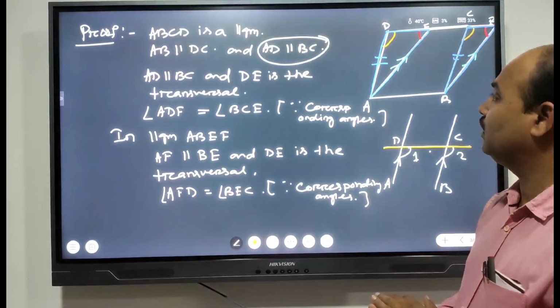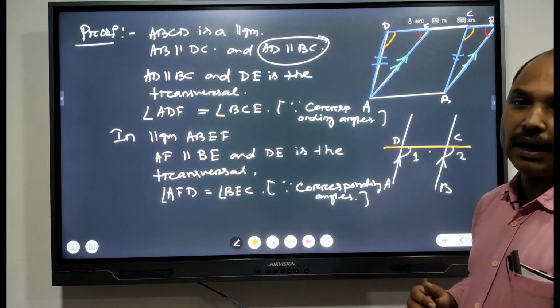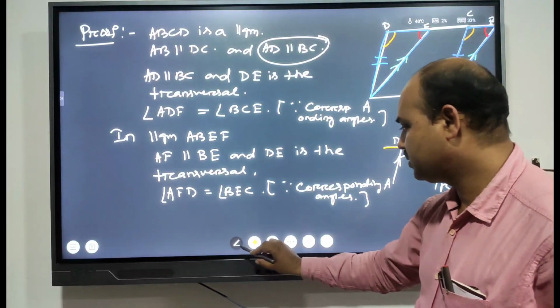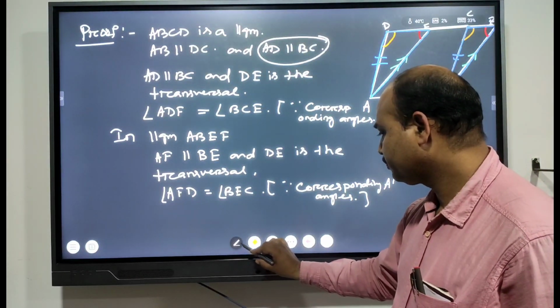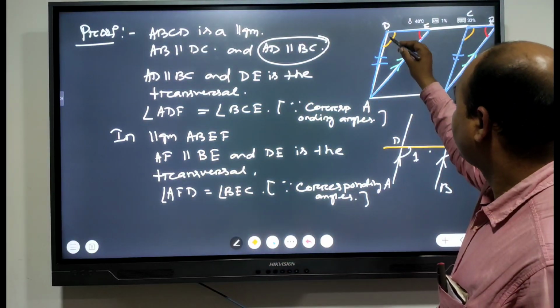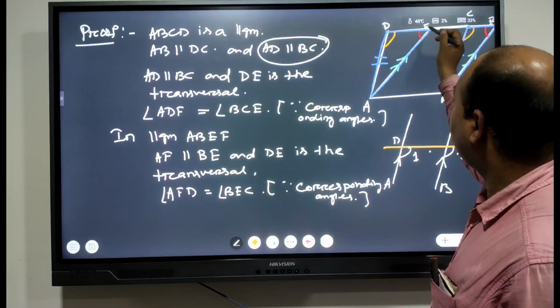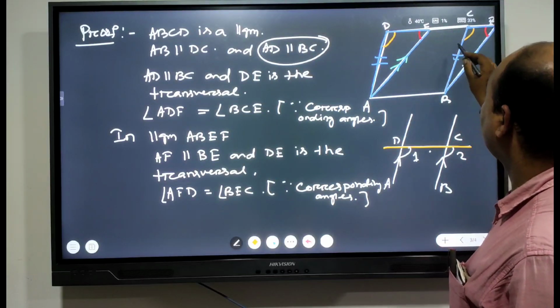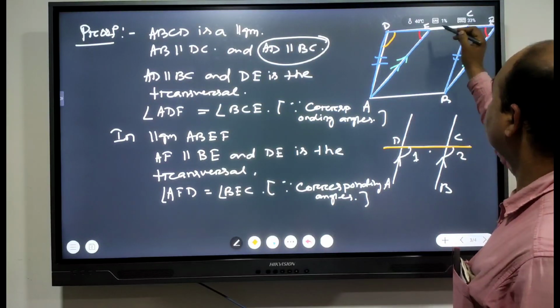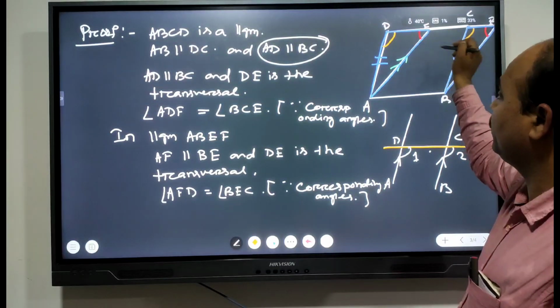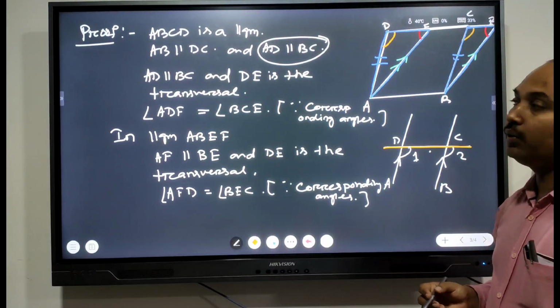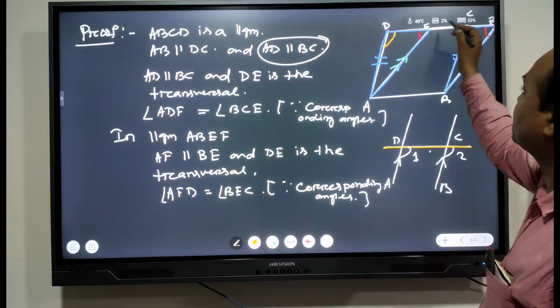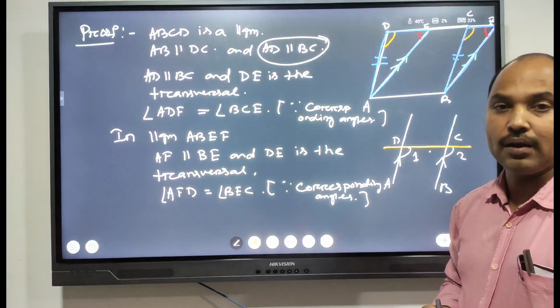Then how will we get the ABCD parallelogram? You can see, if you take triangle ADF and quadrilateral ABCF, when we add these two parts, we will get the ABCD parallelogram.